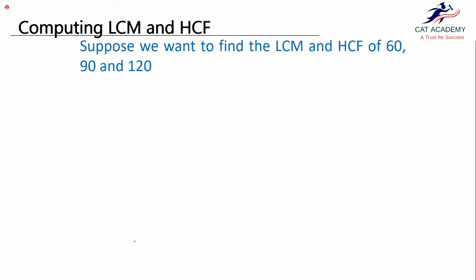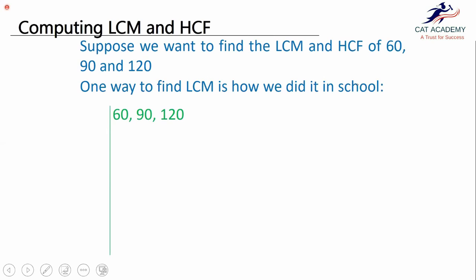Now let's see how to calculate LCM and HCF quickly. Let's say we want to find out the LCM and HCF of this. One method was, of course, your school method. You write 60, 90, and 120, then you divide by 2, you get this. Then you again divide by 2, and again by 2.